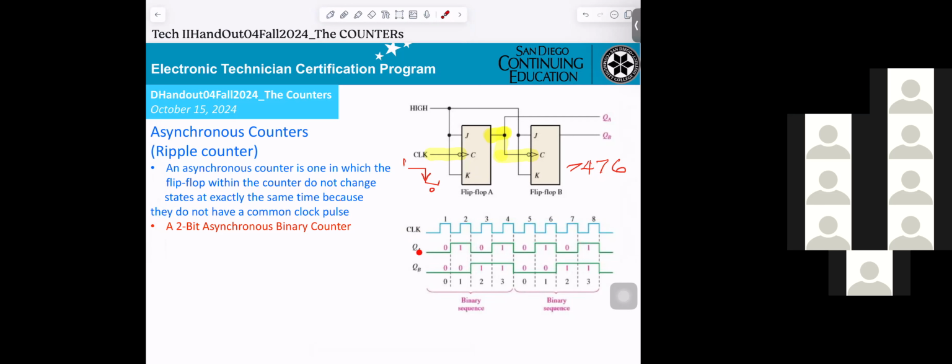And QA equals 0, then goes 1, 0, 1, 0, 1, 0, 1. And QB here will be 0, 0, 1, 1, 0, 0, 1, 1. Okay, the binary. If you go by the decimal, you can see this is 0, that's 1, 2, 3. Okay, 0, 1, 2, 3.